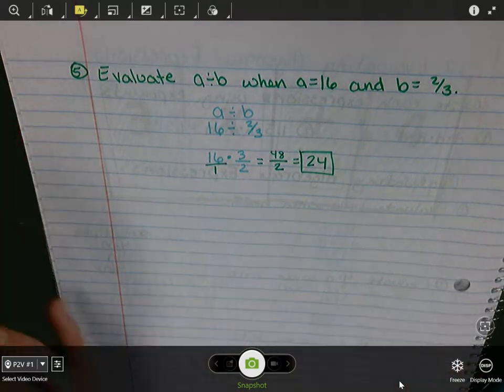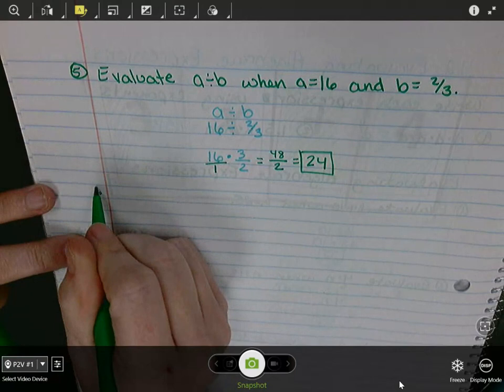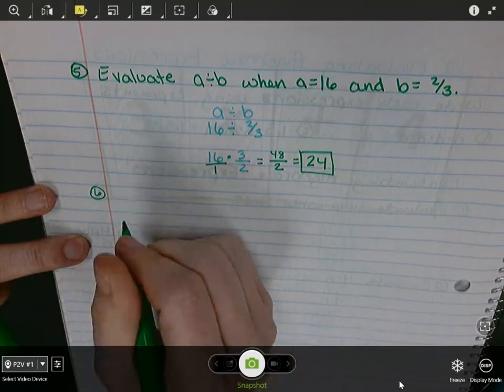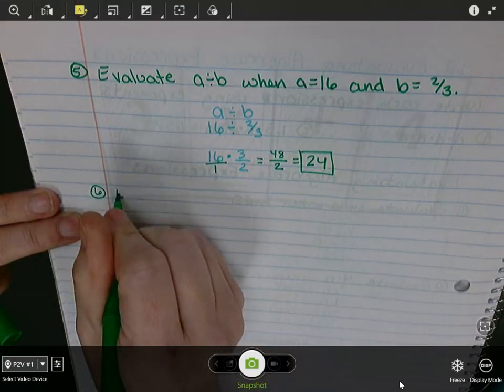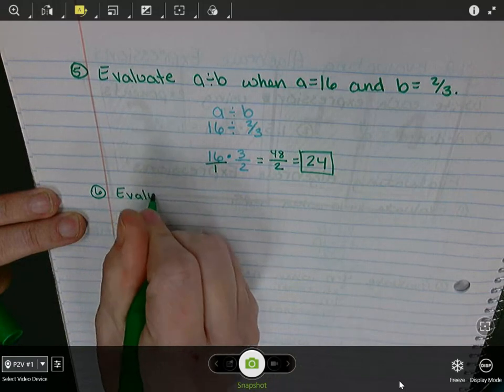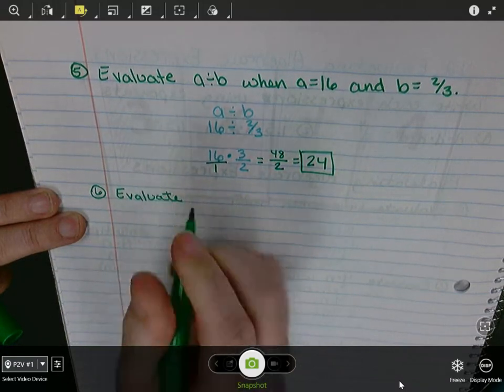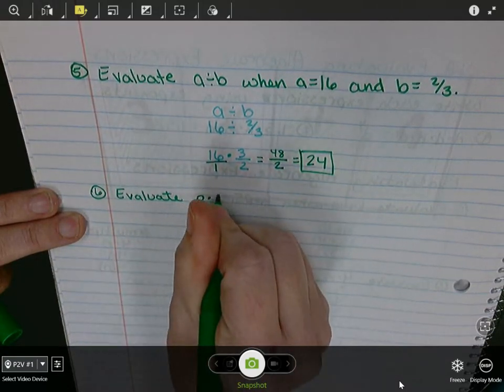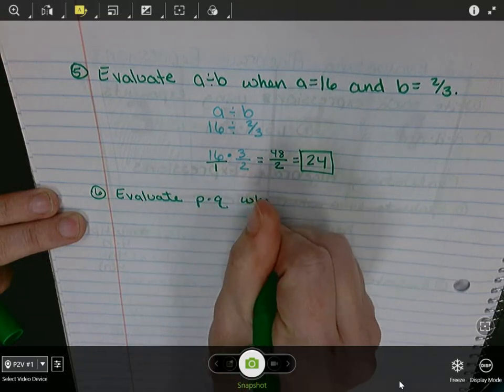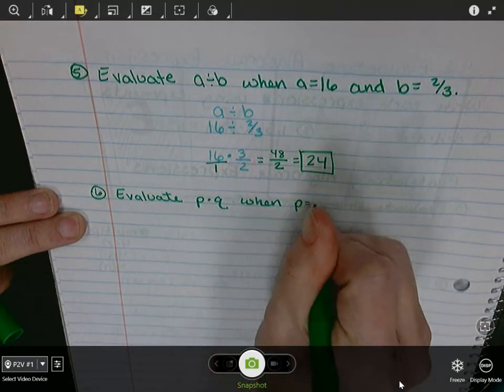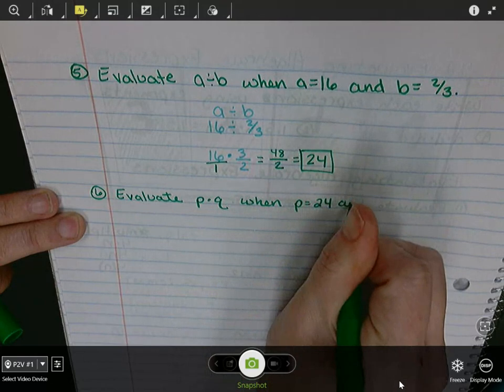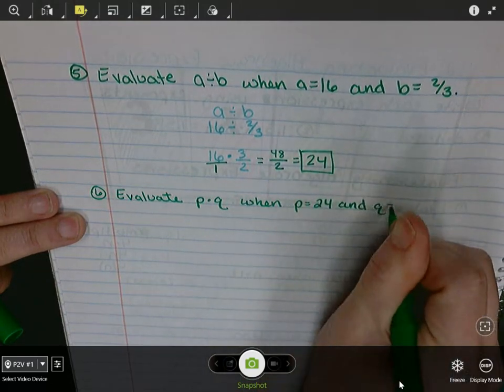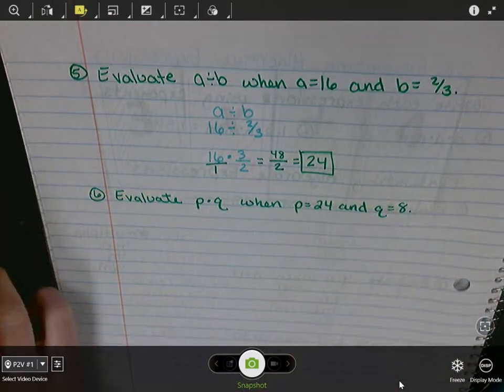All right, and number 6 says evaluate P times Q when P equals 24 and Q equals 8. Okay.